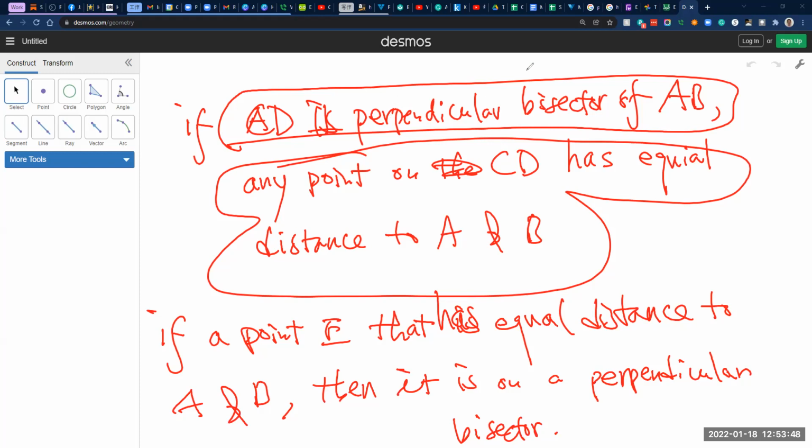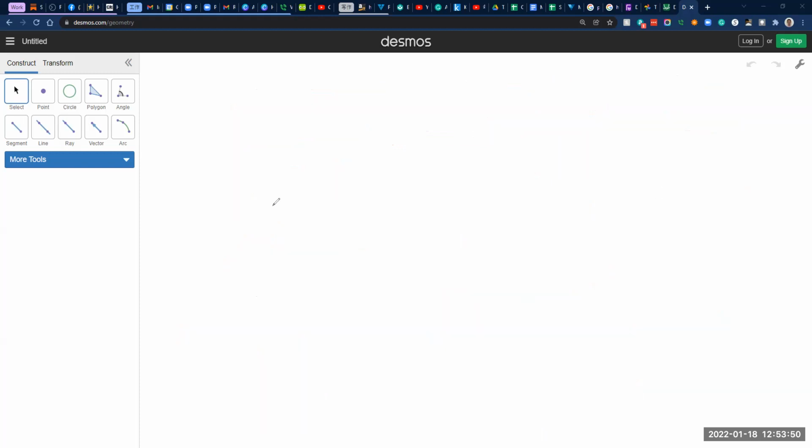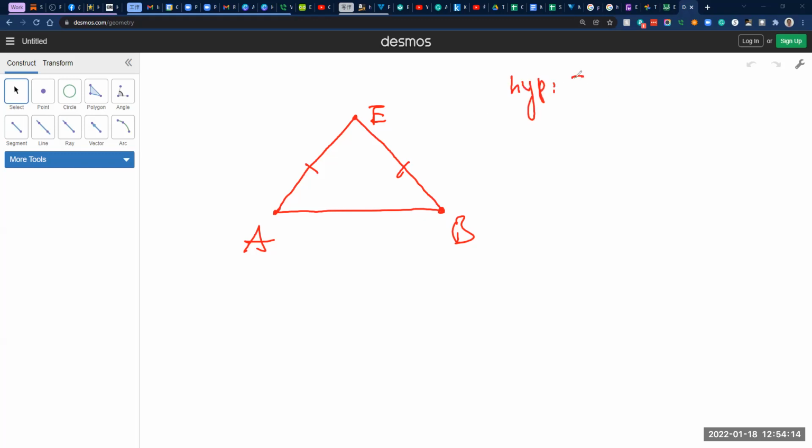Now what we're saying here, if you graph it, is we have a line segment, A and B. Then there's a point off the line, let's say E here, which has equal distance from here to here. So that's basically our hypothesis: EA is congruent to EB.